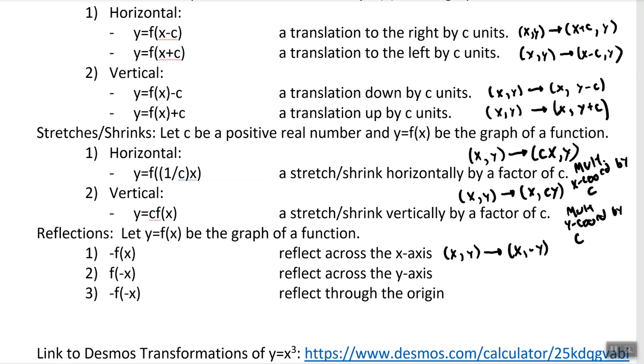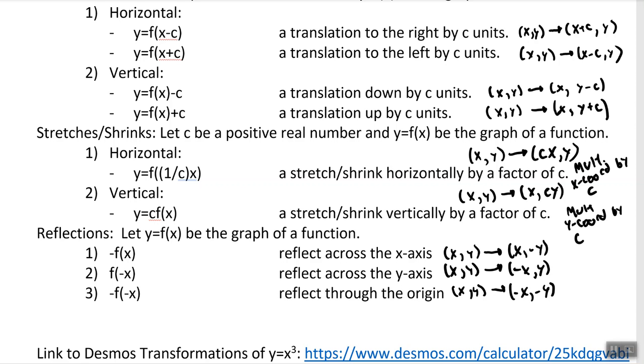And our reflection across the y-axis is when the negative's inside our function. So you would take a point (x, y) on our original function, and it's going to move to (-x, y). And then this third thing listed is just reflecting through the origin. I just think of that as reflecting over both axes. So that point (x, y) is really moving to (-x, -y).